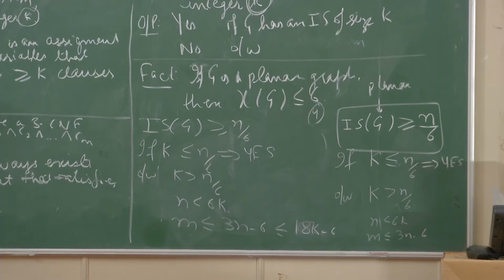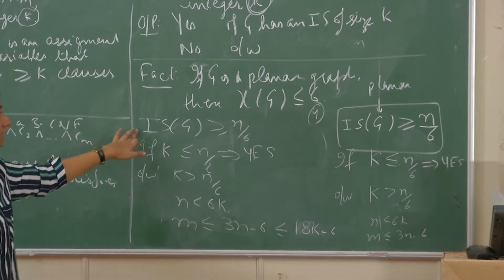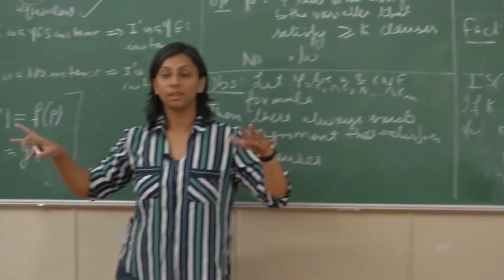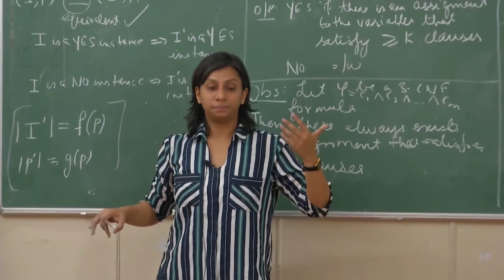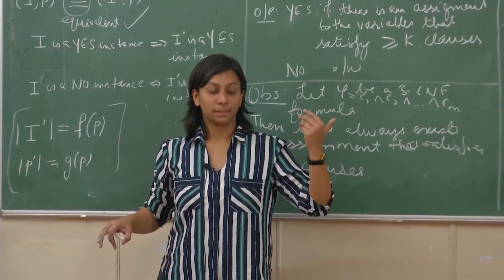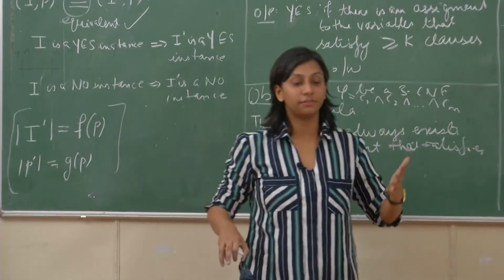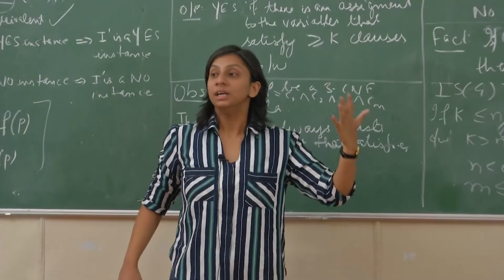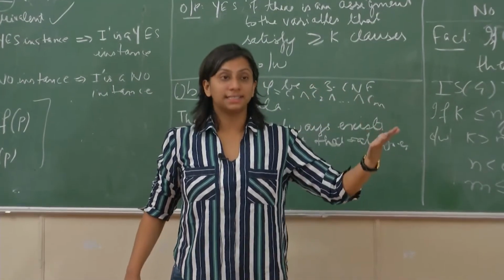While we are here, I would want to ask you a question. How did we come up with this independent set? We said, look at the 6 coloring of the graph, and look at the maximum size of the independent set, and that will have size at least n by 6.